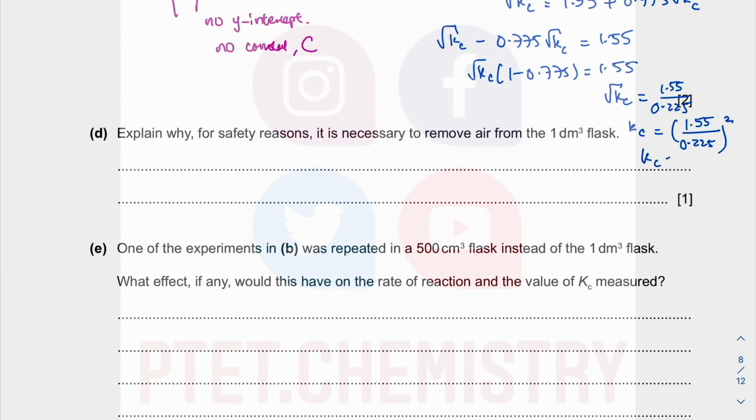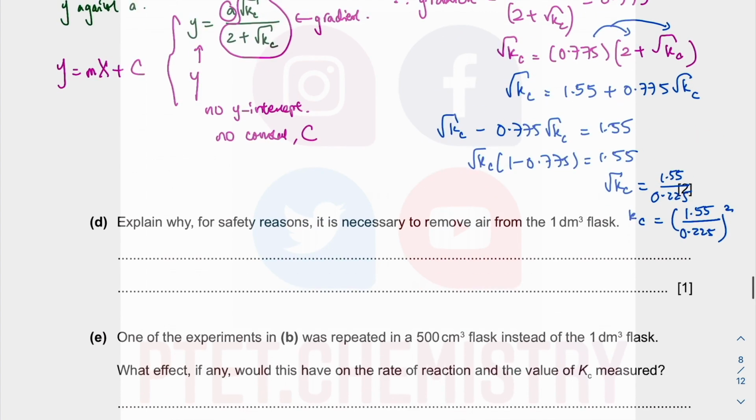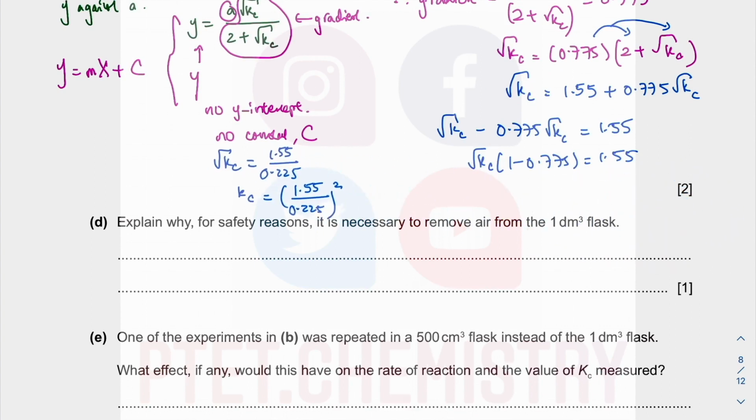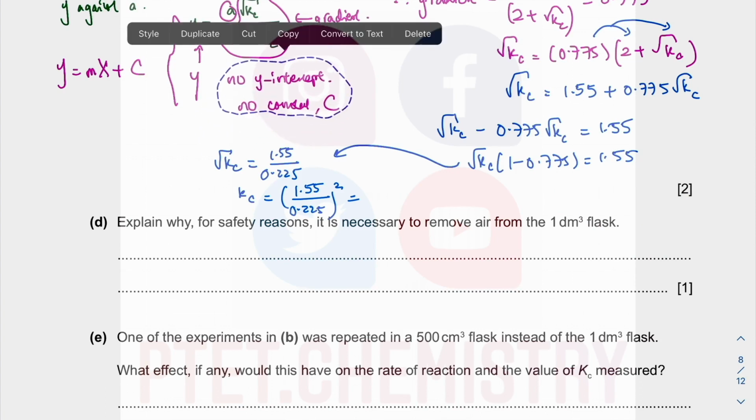Then I get 47. Maybe I shouldn't use that much space there. Maybe I can use the space here. Yeah, okay. As long as it's labeled, it should have been alright if you label your step properly.